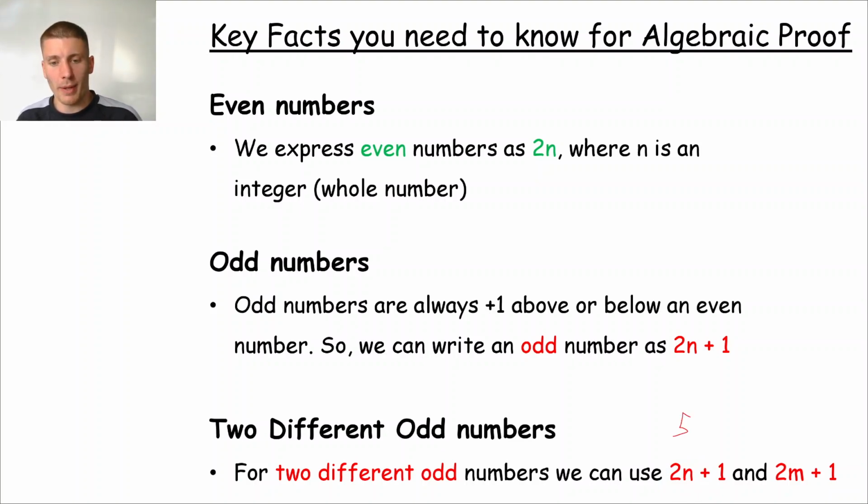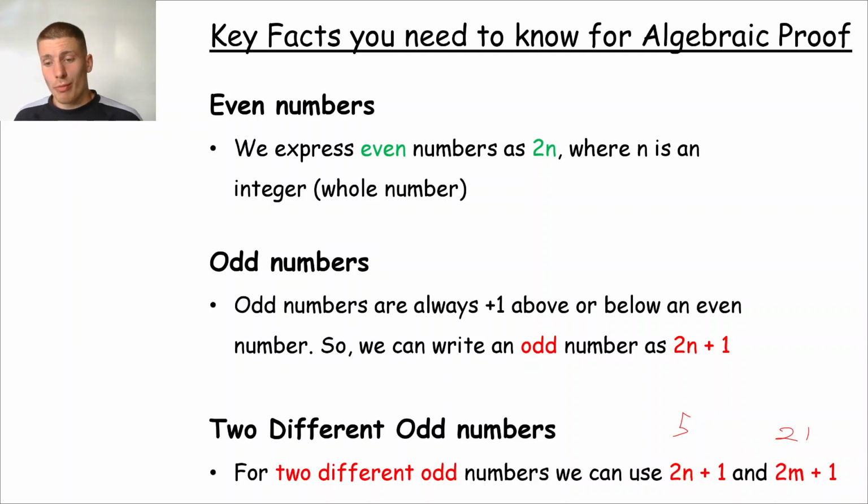To get a different odd number, okay, I could use m. If I used n to be equal to 2, m is going to have to be a different whole number. Let's just use m to be equal to 10. 2 by 10 is 20, add 1 is equal to 21. So you can see here, I've got 2 different odd numbers shown by the different letters n and m.